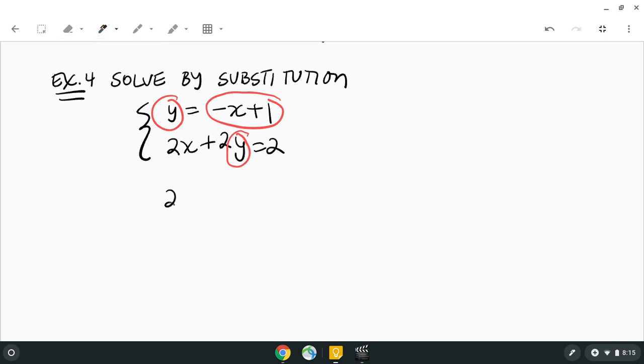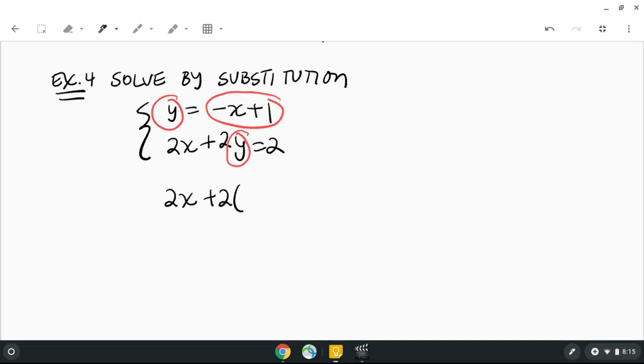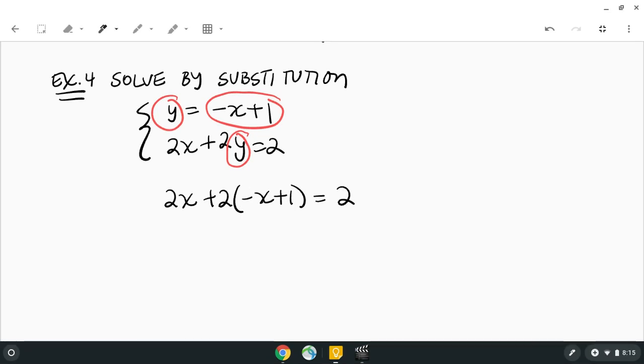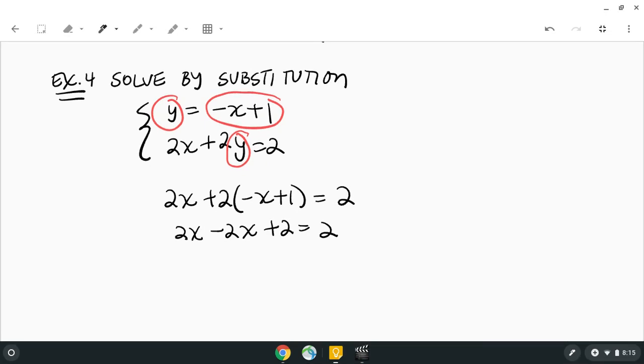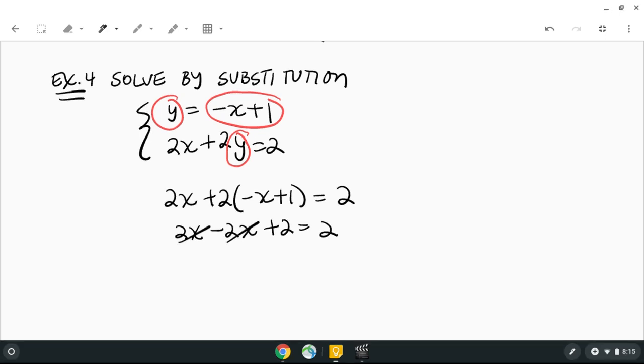So 2x plus 2 times, replacing that y with negative x plus 1, equals 2. Distribute. So 2 times negative x is negative 2x, and 2 times 1 is 2. Combine like terms, and these guys end up canceling out, and I get 2 equals 2.